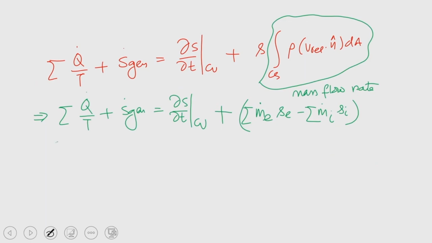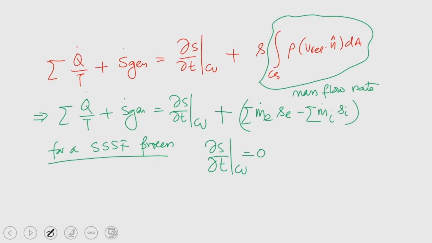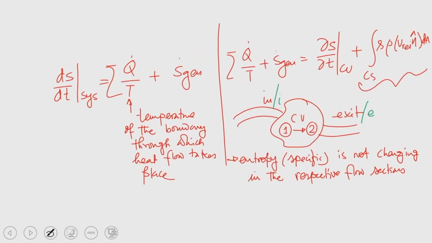So, for a steady state steady flow process, this dS/dt of the control volume equals 0. Why?